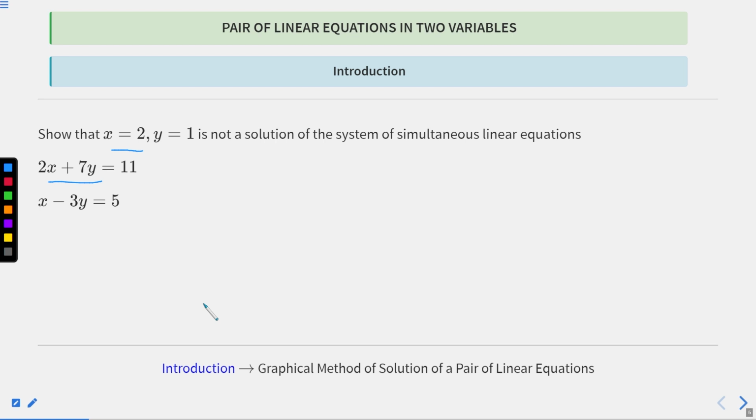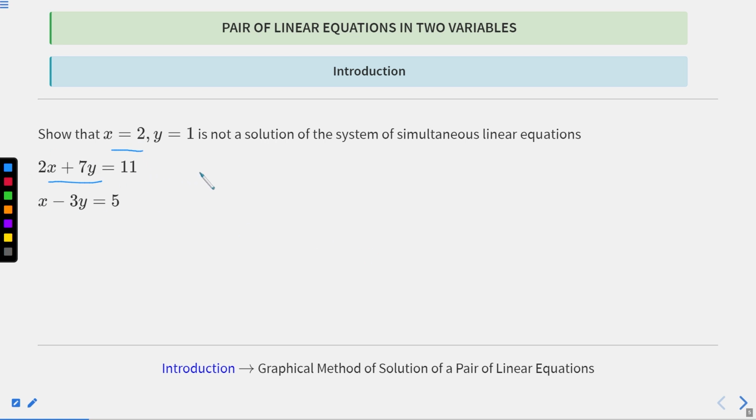If x is equal to 2 and y is equal to 1 does not satisfy at least one equation, then it is not a solution of this system of simultaneous linear equations. So now check by substituting x equal to 2 and y equal to 1.